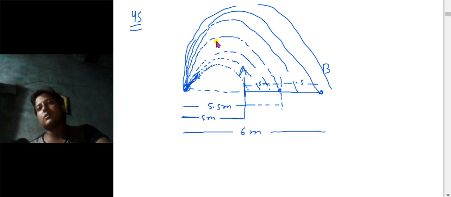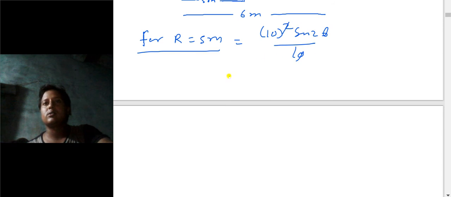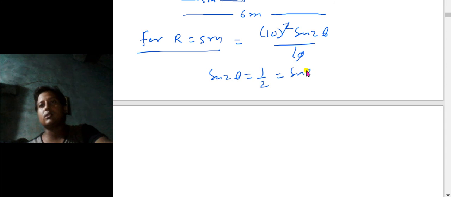In this way, we have to calculate the possible range of theta. For range equals 5 meter, we have u square sine 2 theta over g. So sine 2 theta equals 1 by 2, sine 30.